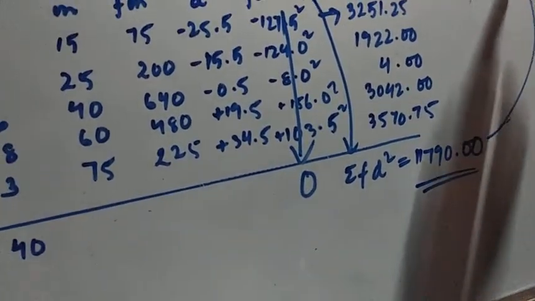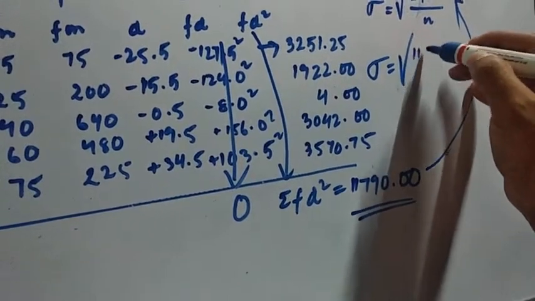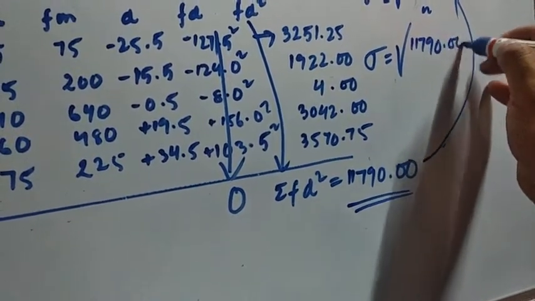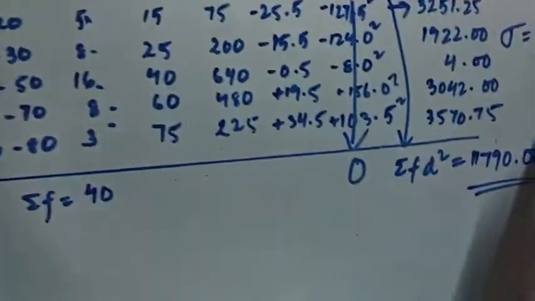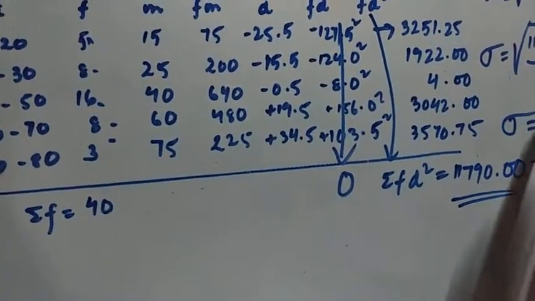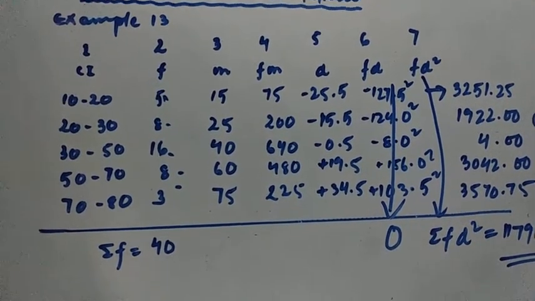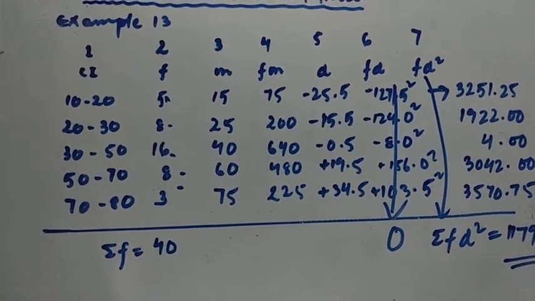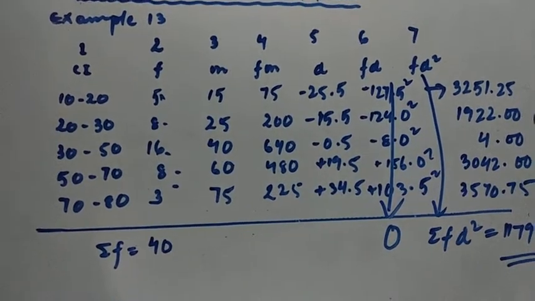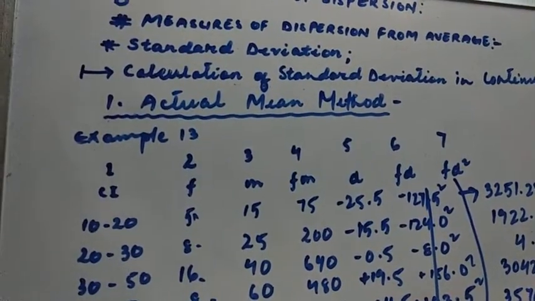So you put this in the formula: square root of 11790 divided by the number of observations. Here it is 40, not n.